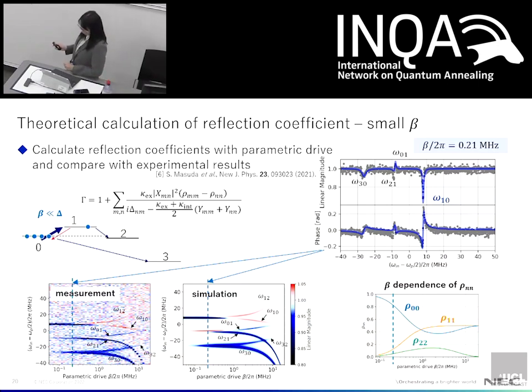In this condition, we choose the frequency of the parametric drive to correspond to the energy difference between state 0 and state 2 without any drive. So state 0 and state 2 are degenerate, and the peaks of omega 1,0 and omega 1,2 overlap in this condition.